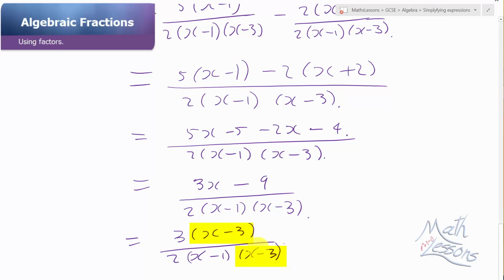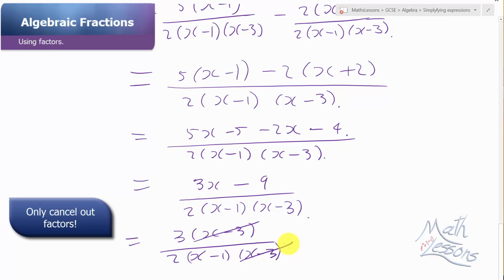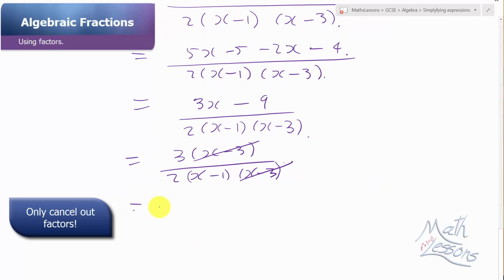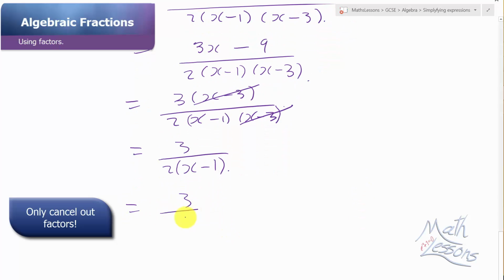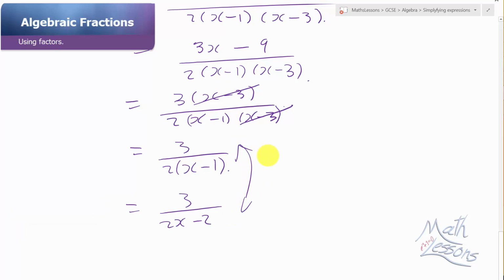There we go. X minus 3 and x minus 3. So we can cancel those two out. And that just leaves us 3 over 2x minus 1. Is that any better than 3 over 2x minus 2? I don't really think it matters between these two answers. Either would be just as good. It all depends on how the question asks for your answer.